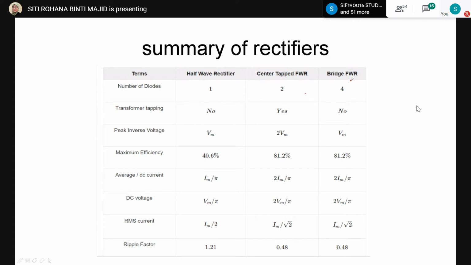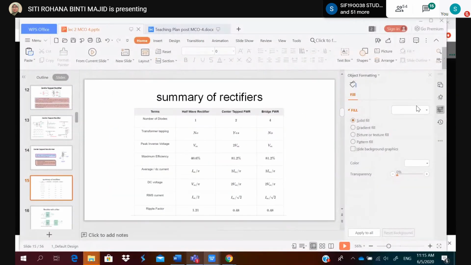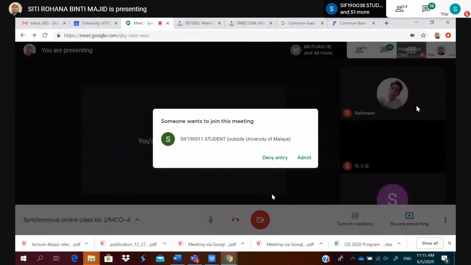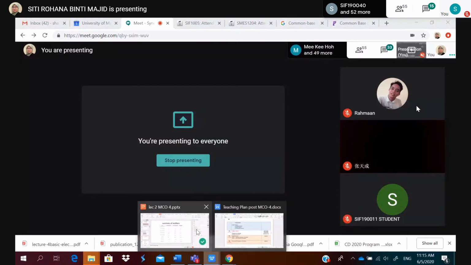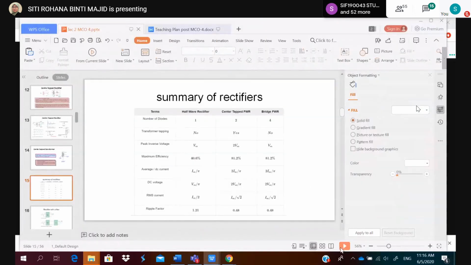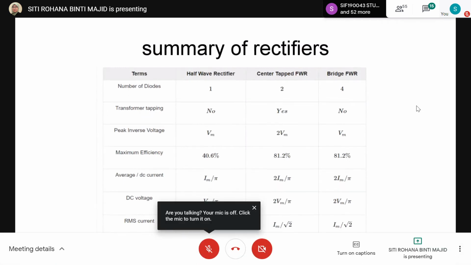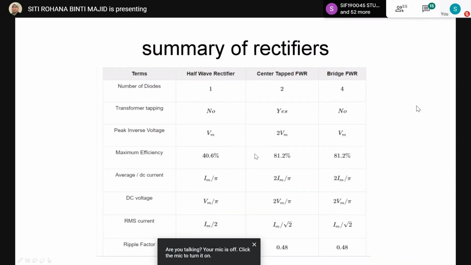The number of diodes used for half wave is only one, two for center tap, and four for bridge.